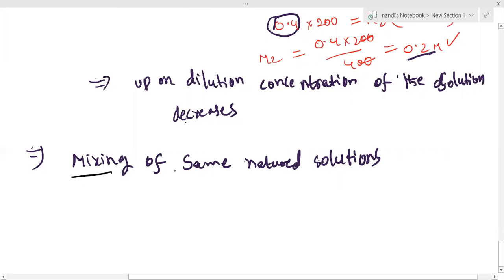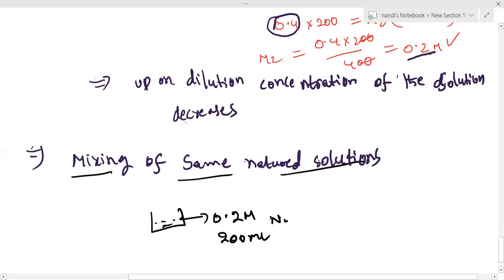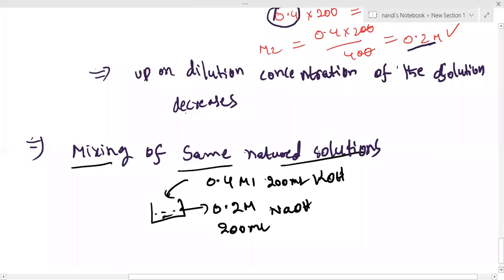For example, here this is the solution. It has 0.2 M, 200 ml NaOH. This is a base. I'm adding again 0.4 M, 200 ml KOH. What is the final solution concentration?